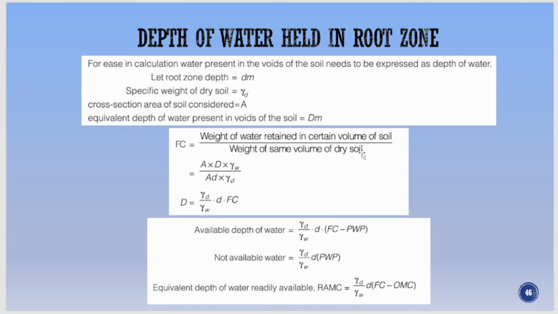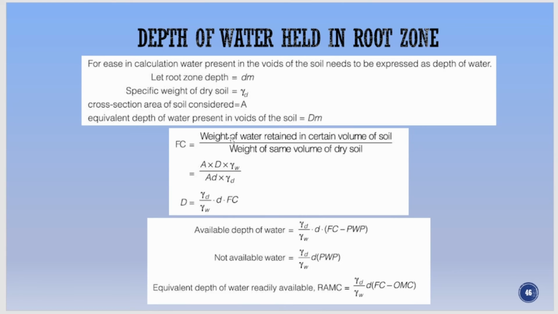Then you put that soil into the oven, and once it is completely dried, you take it out and weigh it. From that you calculate the weight of water, and the weight of water divided by the weight of soil gives you the water content, right? So here the water content is nothing but your field capacity itself, the percentage of water that we have.